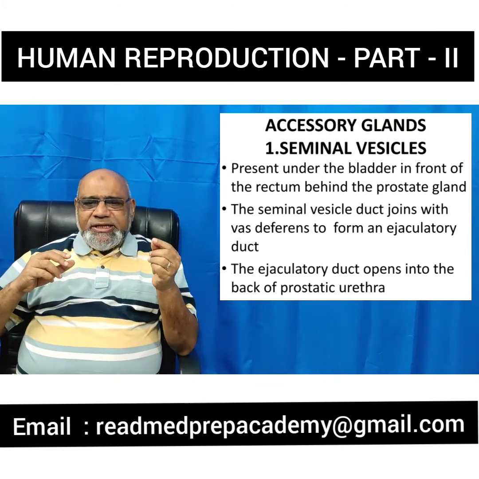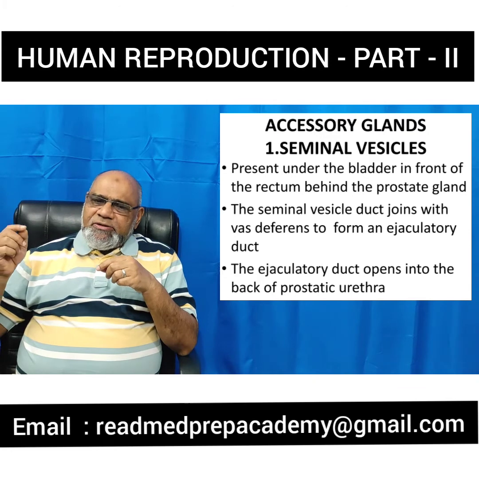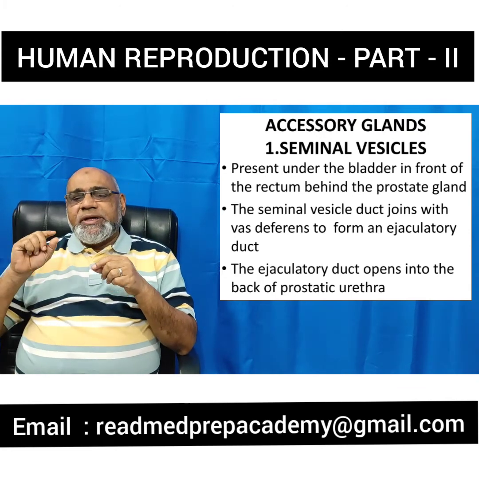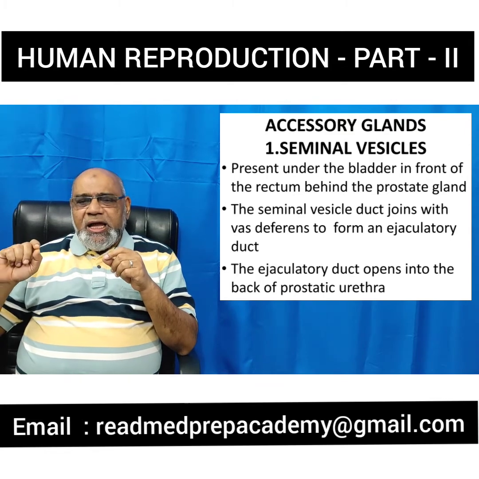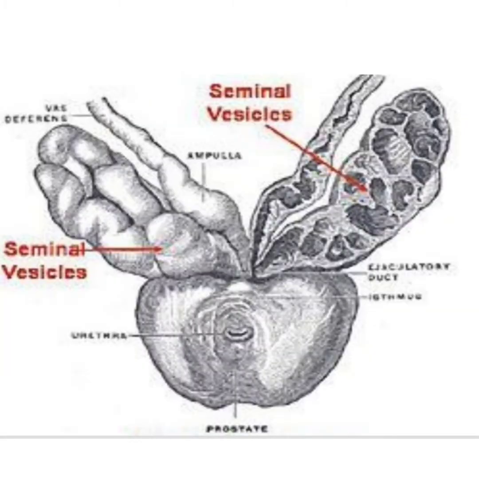The seminal vesicle duct joins the vas deferens duct to form the ejaculatory duct and opens into the urethra at a position called verumontanum. The ejaculatory duct opens into the back of the prostatic urethra.